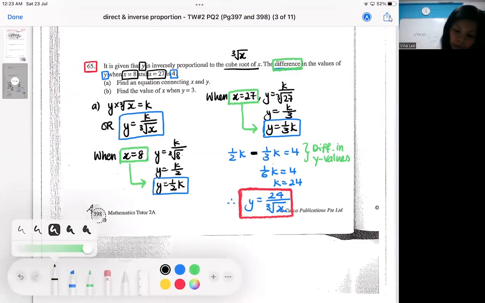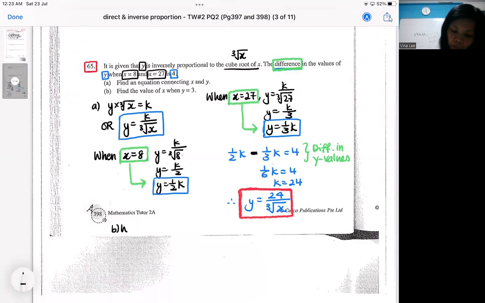So in case some of you may have issue, what happened when y is equal to 3? So you got 3 equal to 24 over this. Some of you may have a mind block. So you still go for your cross multiply. Okay, slowly divide.